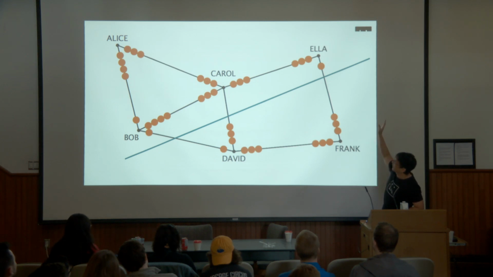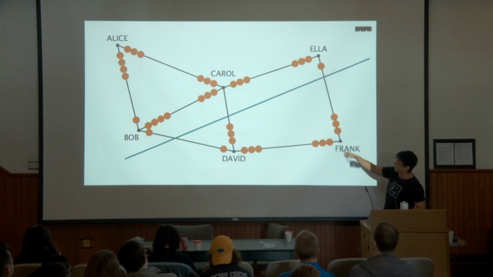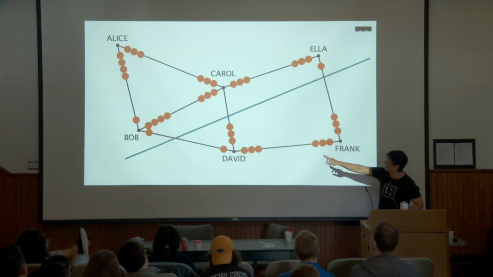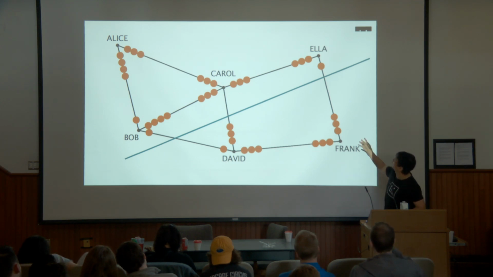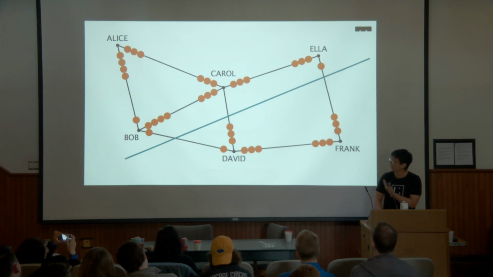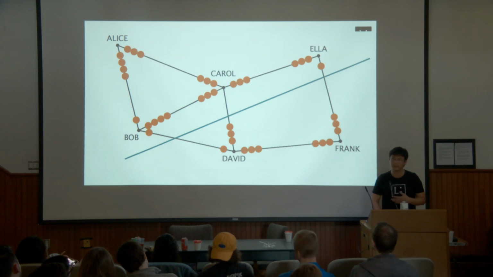Any payment that Alice pays Frank has to pass through this blue line, and out of the 3 edges, on the leftmost edge at most 1 bead can pass, on the rightmost edge at most 1 bead can pass, and in the middle no beads can pass. We're going to get back to this later, but this is how I think about the payment capacity constraints that happen in channel networks.